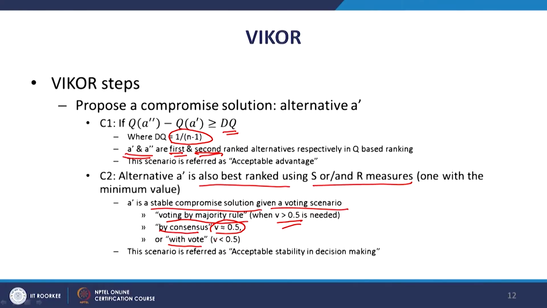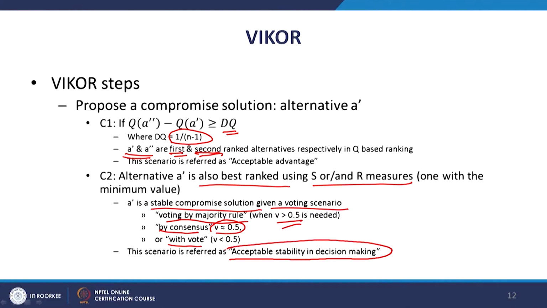However, when we say stable compromise solution, what we are essentially looking for is that the alternative decided as the best alternative should not be just in Q, it should also be reflected in the S list or R list or in all three lists.